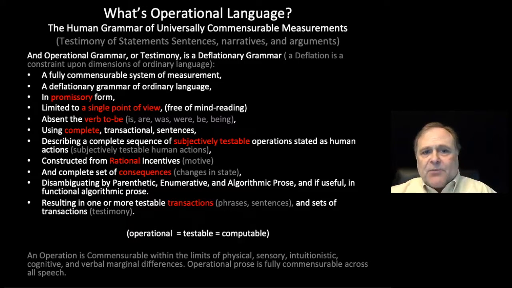The next step, once you've got these complete transactional sentences, is we've already said convert it to performative, in other words, a series of actions. We need to make sure that all those performative operations are in subjectively testable operations, in other words, in states.